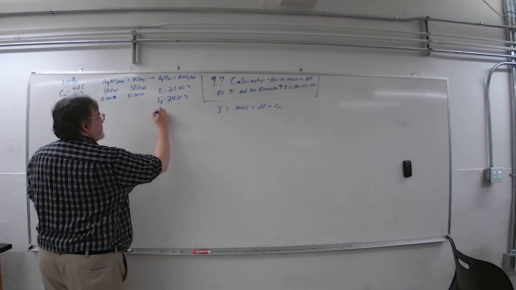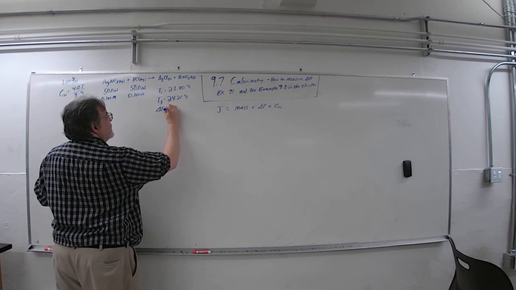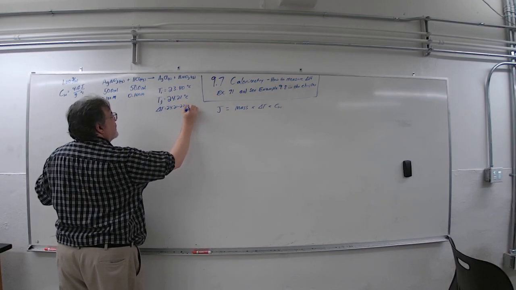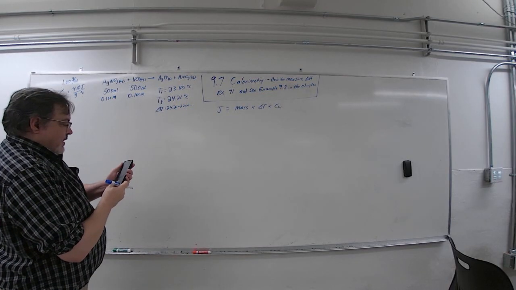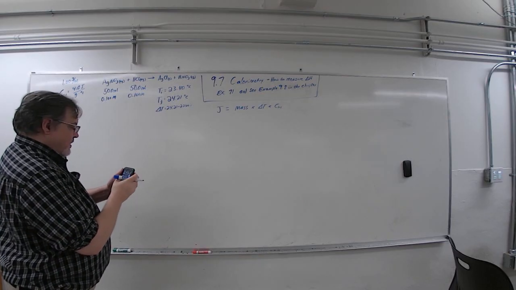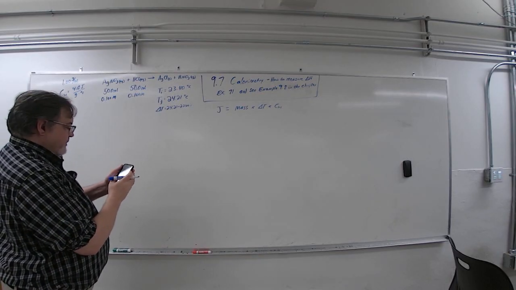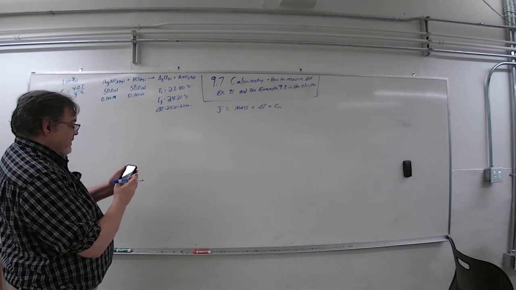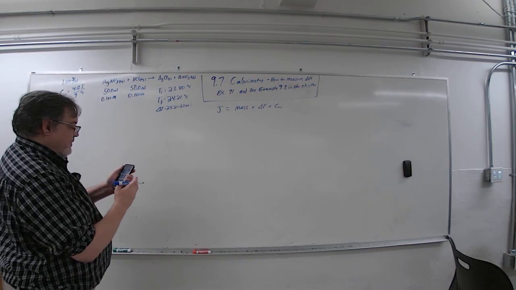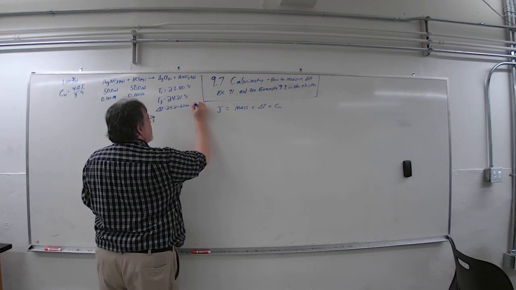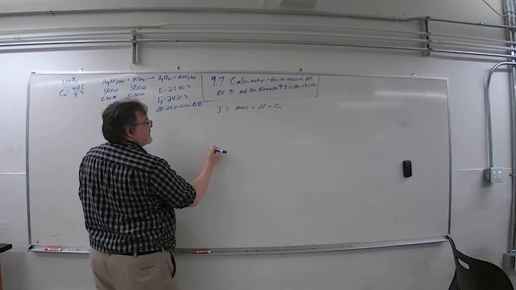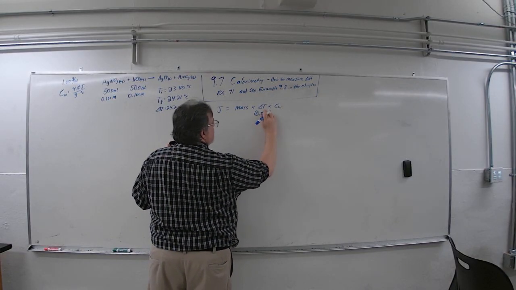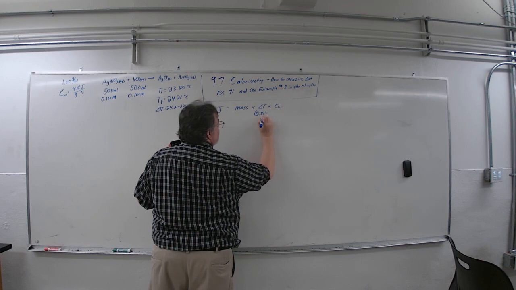Maybe I should find my delta T first. 24.21 minus 23.40 is 0.81 degrees C change. So this is 0.81 degrees C.